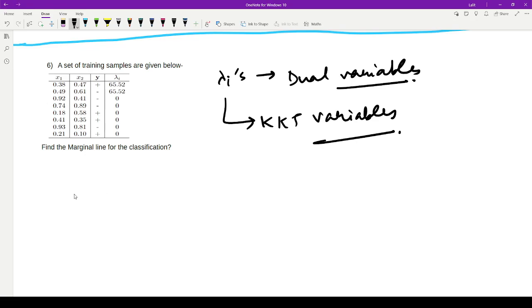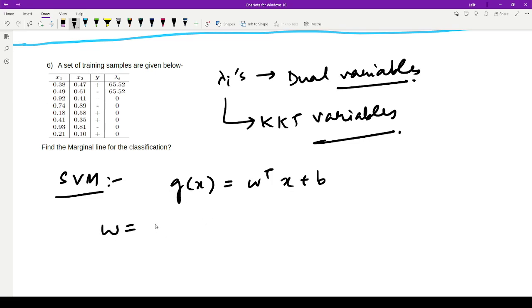If everyone remembers this, how to get SVM? Well, in the marginal line for the classification, what we need to do is find and fit an SVM model. This SVM model is again a linear model, W transpose X plus B, but the weights W are obtained from the summation over i belonging to the support vectors of lambda i yi xi.